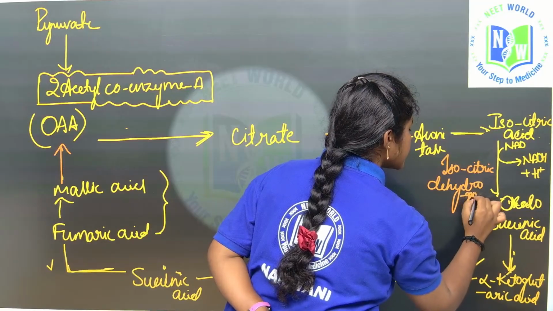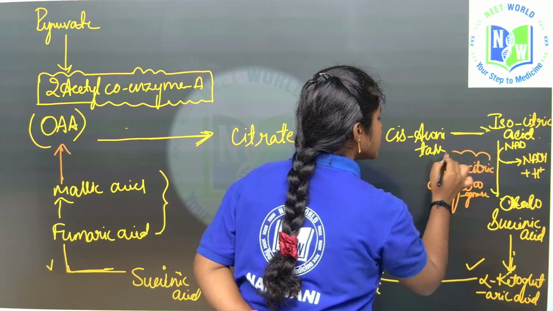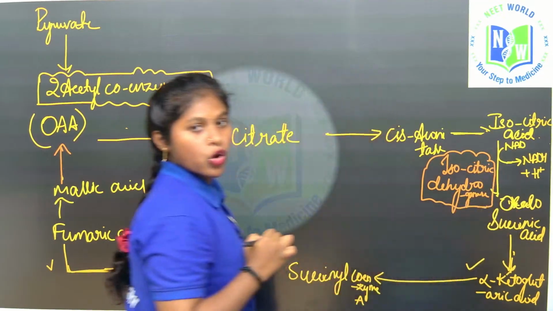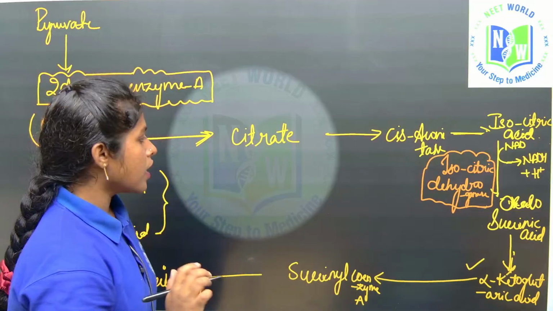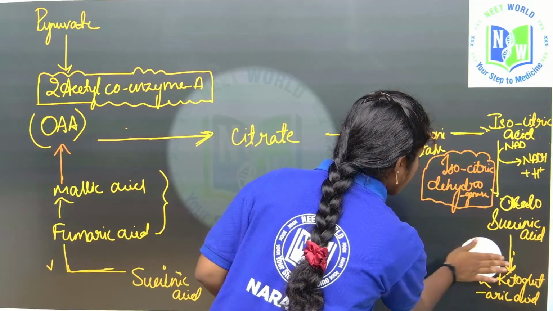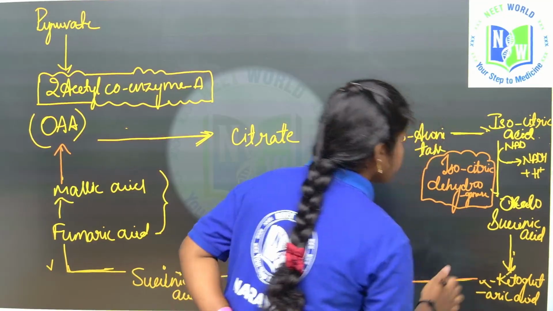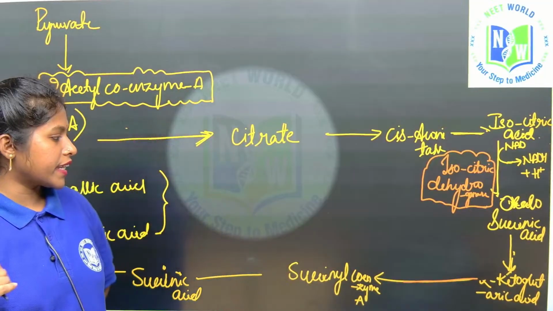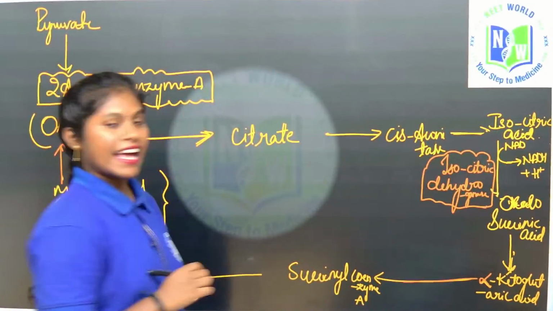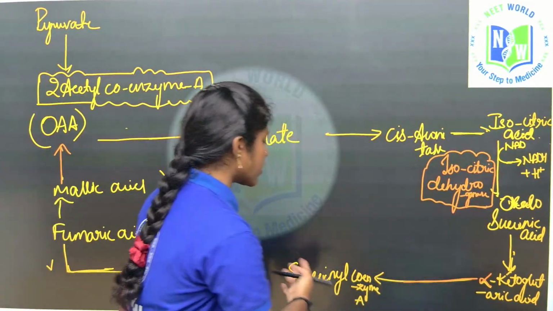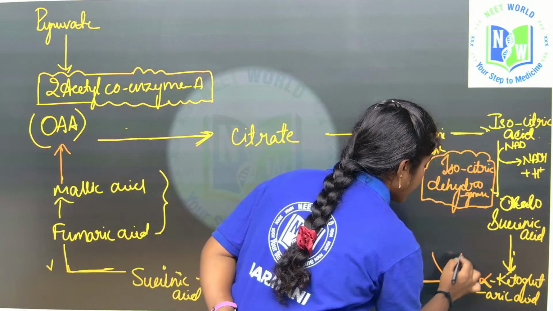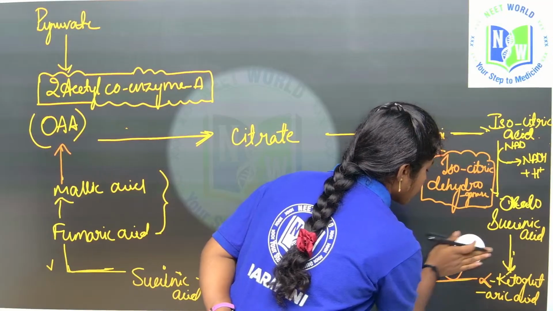Whenever reducing equivalents are forming, the enzyme name dehydrogenase compulsorily comes into the picture, right? Then oxalosuccinic acid forms alpha ketoglutaric acid. This alpha ketoglutaric acid forms succinyl coenzyme A. Here is the production of a reducing equivalent.